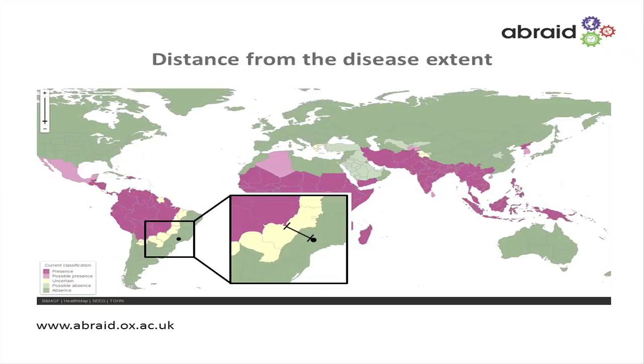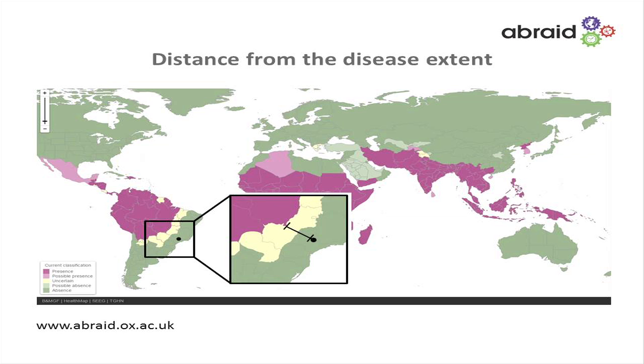So we're now in a position where when new data comes in, we've talked about it gets a value for the feed that it's come from. It also obtains a value for the distance from disease extent, and this is how we calculate it. So it's very simple. The system knows where that data point is.